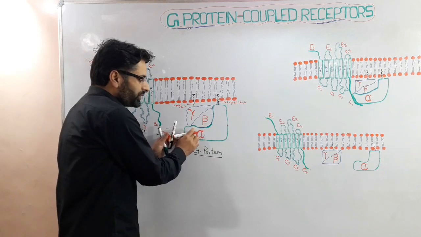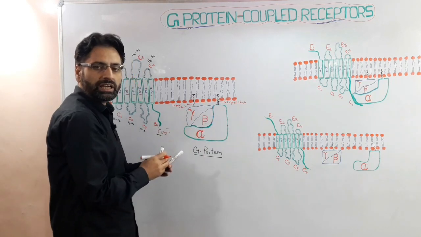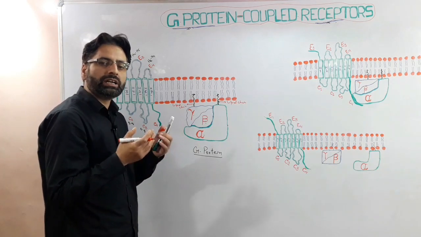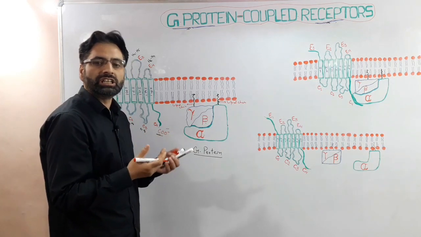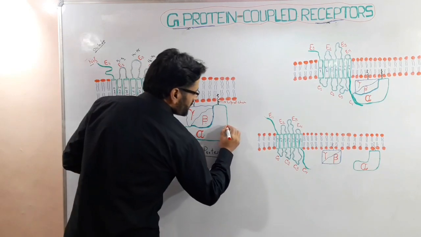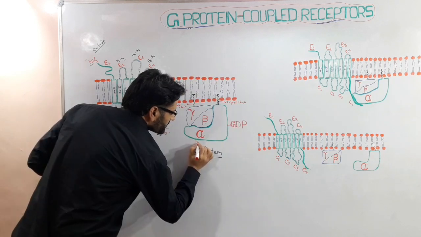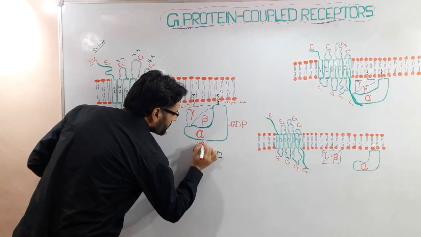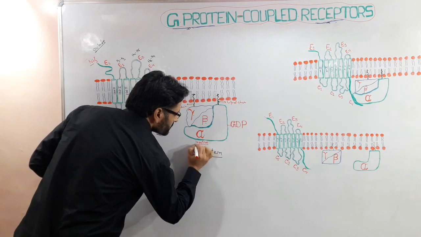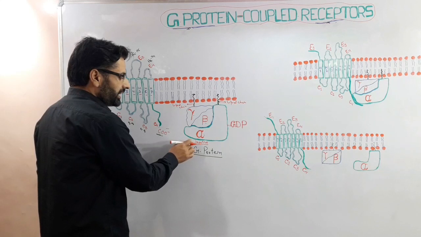The alpha subunit can separate from the whole complex, depending upon whether it is bound with GTP or GDP. Here, in this inactive state, it is bound with GDP. That is why this is the inactive state of the G protein. When it is bound with GDP, it is inactive.